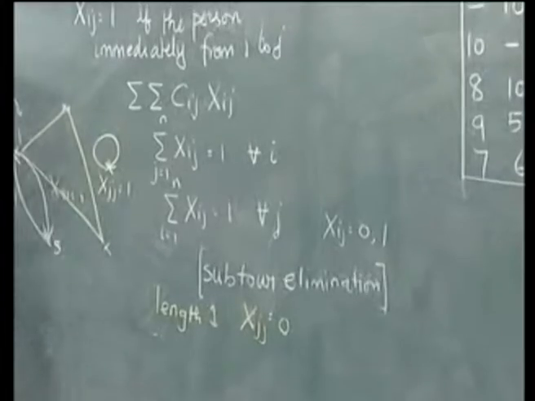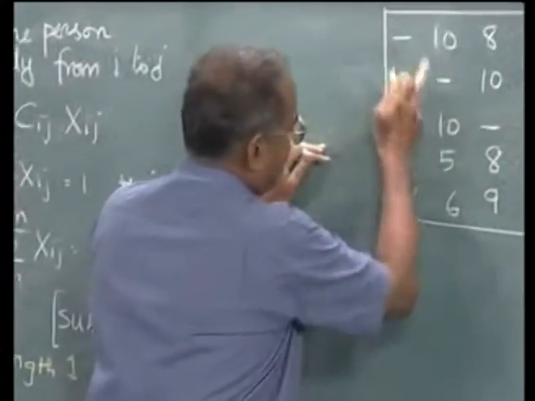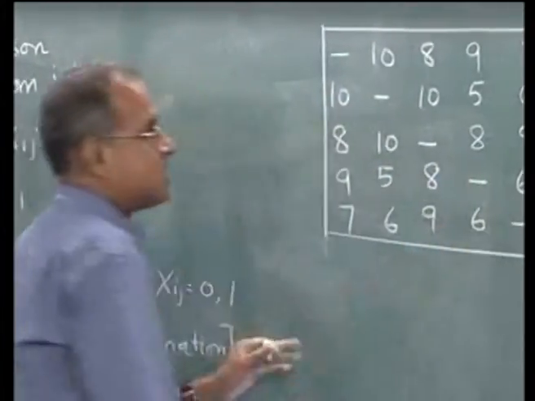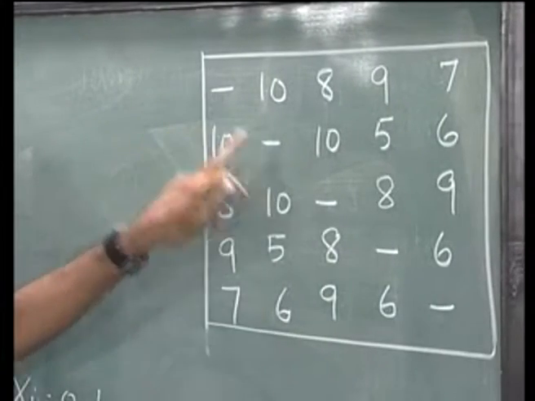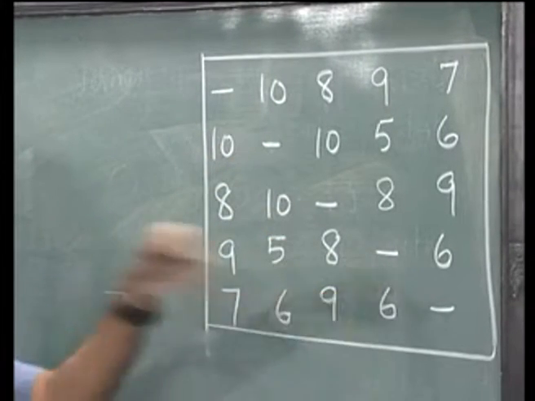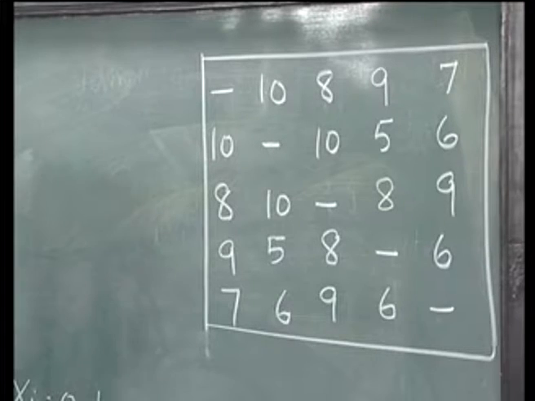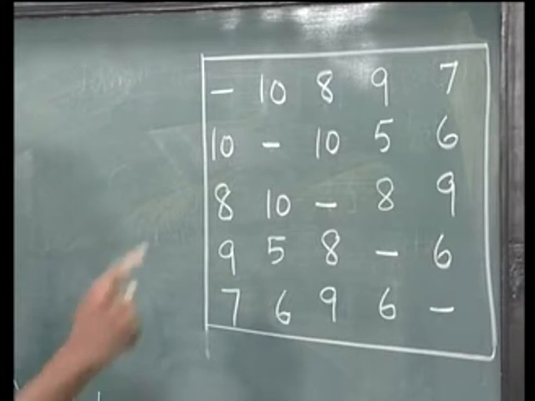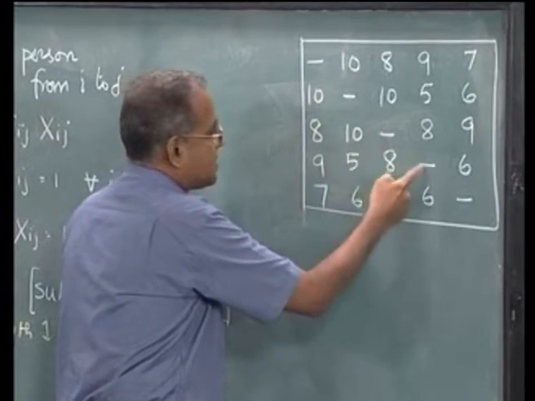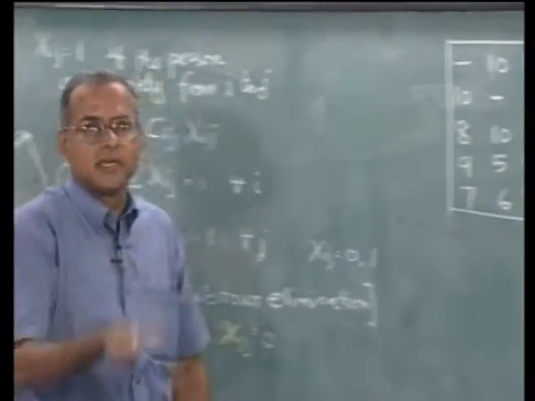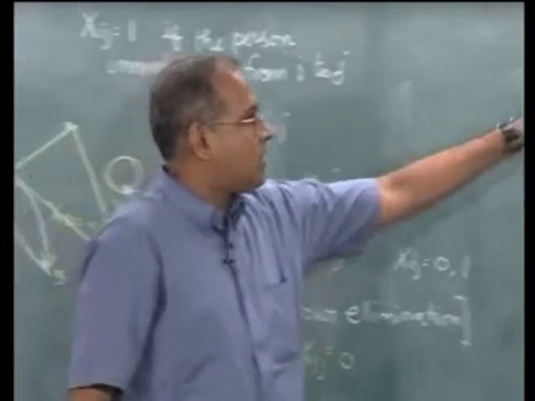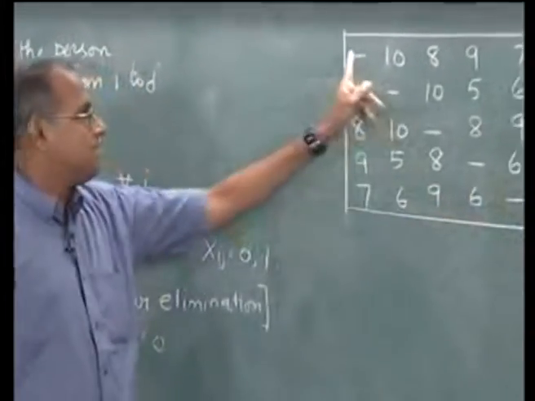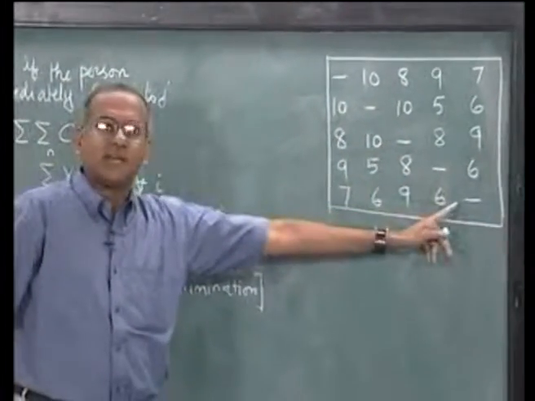The other way of doing it is to declare the distance between the point and itself to be infinity, represented by a dash, so that it does not come into the solution. That is precisely the reason why we have the dashes coming here instead of the zeros. Otherwise, we would always have diagonal assignments with zeros here.